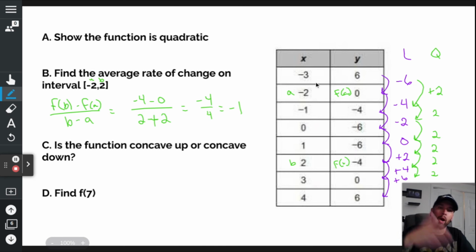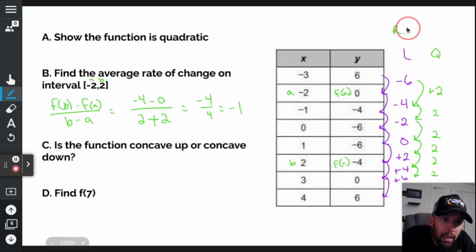So if I were to graph all these dots and connect this point to that point, I'm going to get a slope of -1. Is the function concave up or concave down? It's quadratic. What do I know? The rate of change comes from what your linear stuff is doing.